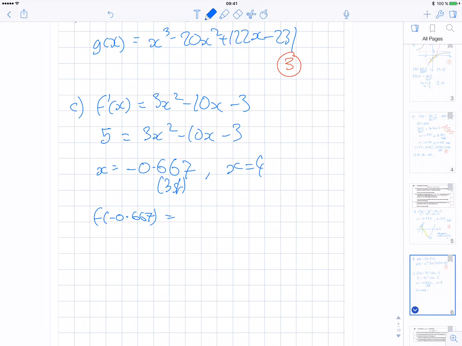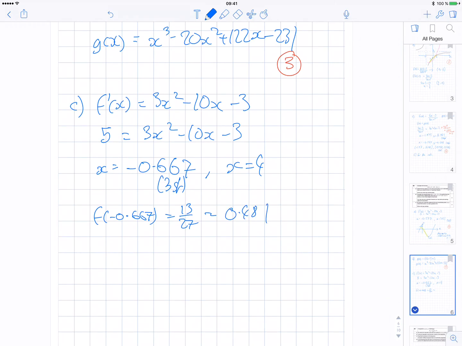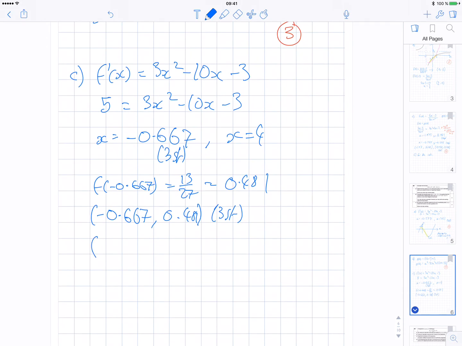I'll show you how to do all this. 13 over 27, which is equal to 0.481, so that's minus 0.667, comma 0.481, both are 3 SF, and we also have 4, comma, I'm doing exactly the same thing again but with 4 this time, minus 27.